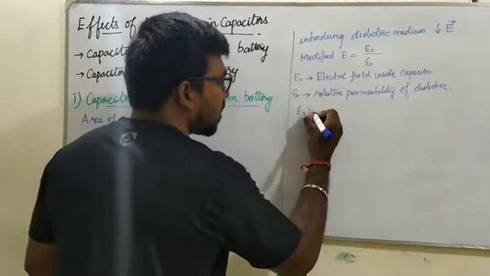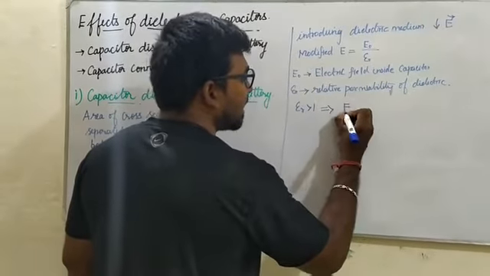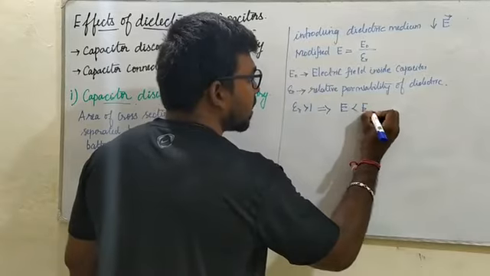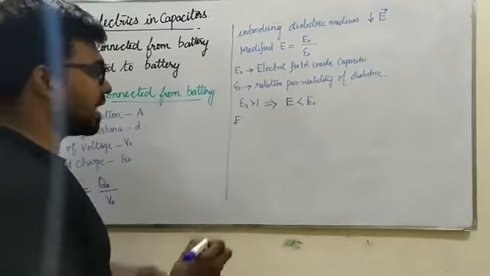Since epsilon r is greater than 1, E is less than E naught, and the electrostatic potential also gets decreased.